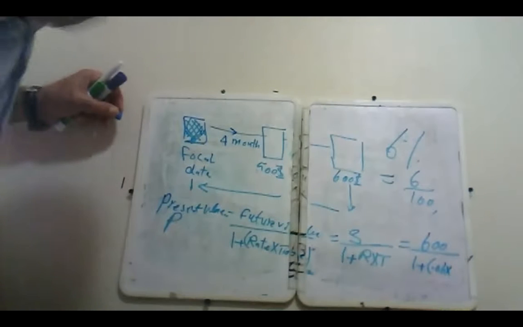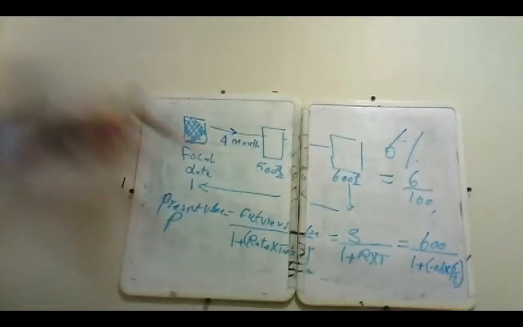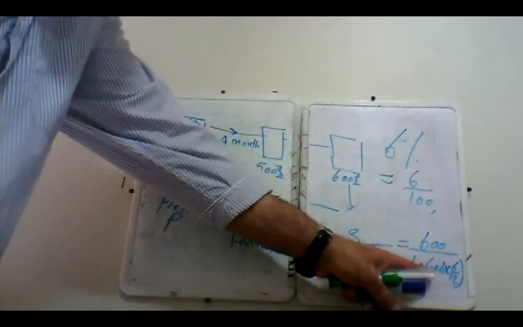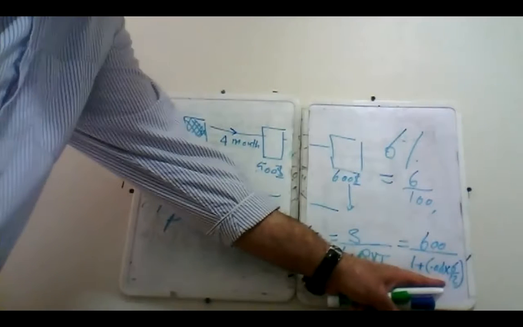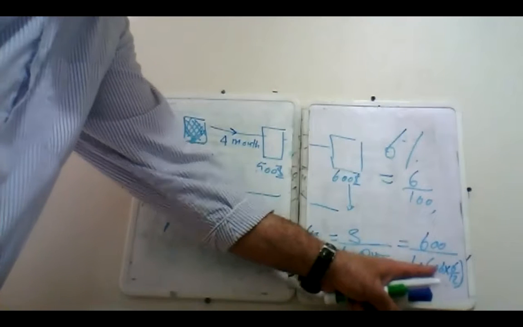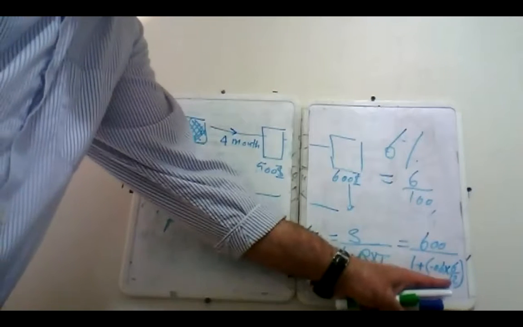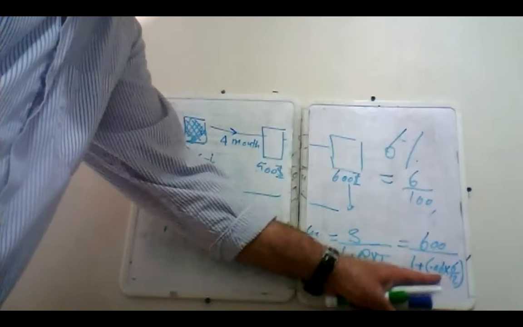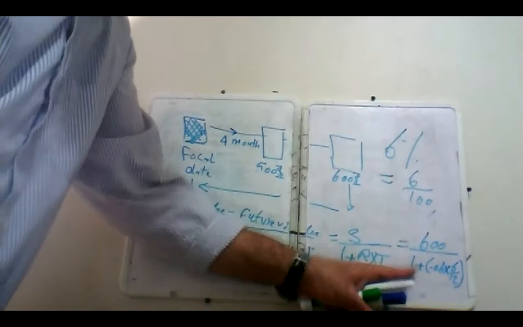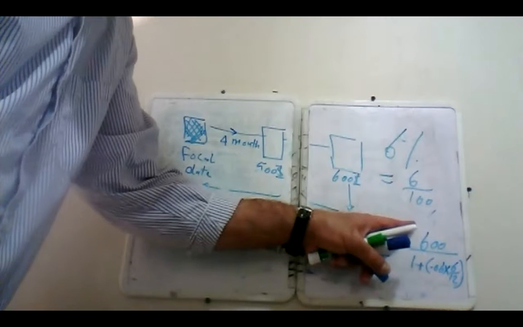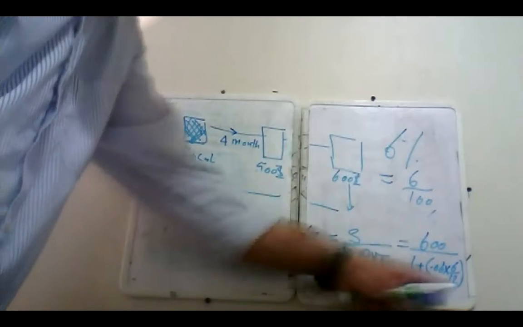The time is now 6 months, so it will be 6 by 12. Just finish it with the calculator, but take care to finish the brackets first. So 0.06 times 6 divided by 12, then add it to 1. Then you divide 600 by all this amount.